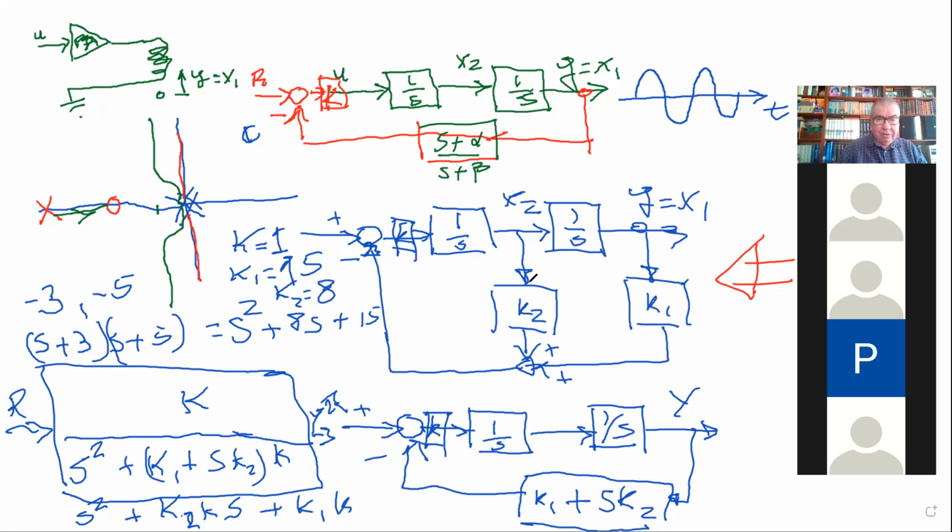When you have multiple feedbacks, you don't have a simple rule. But by doing this trick of moving this branch to the output, you then have a feed forward gain and a feedback gain, and you can apply the well-known formula to compute the transfer function. Is that okay?